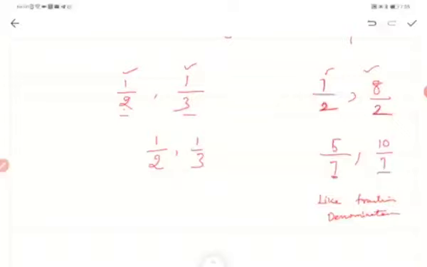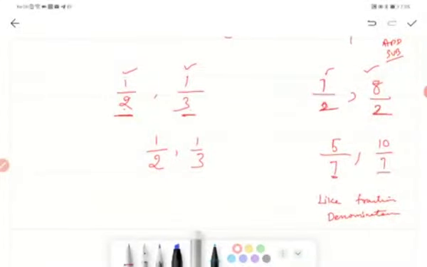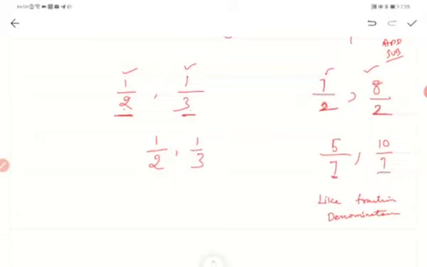Okay, whenever you do the operations addition and subtraction, you need to first check whether they are like fractions or not. Unlike fractions means you will have different denominators. I hope you understood what like fractions and unlike fractions are. You will convert unlike fractions into like fractions by using the LCM method.